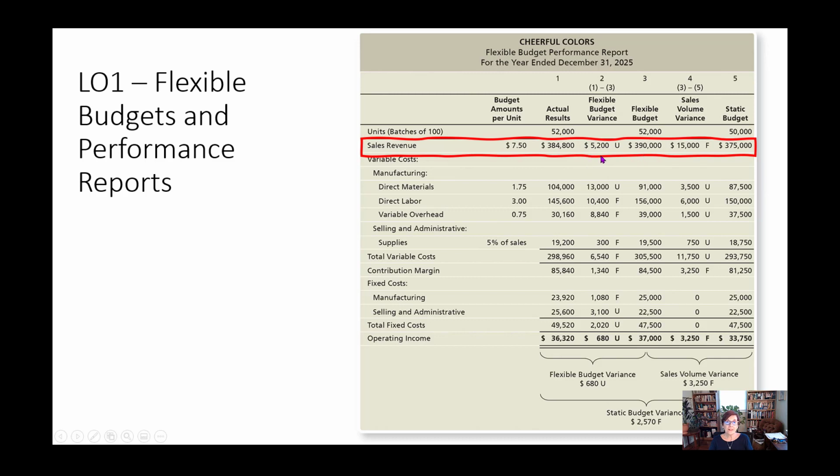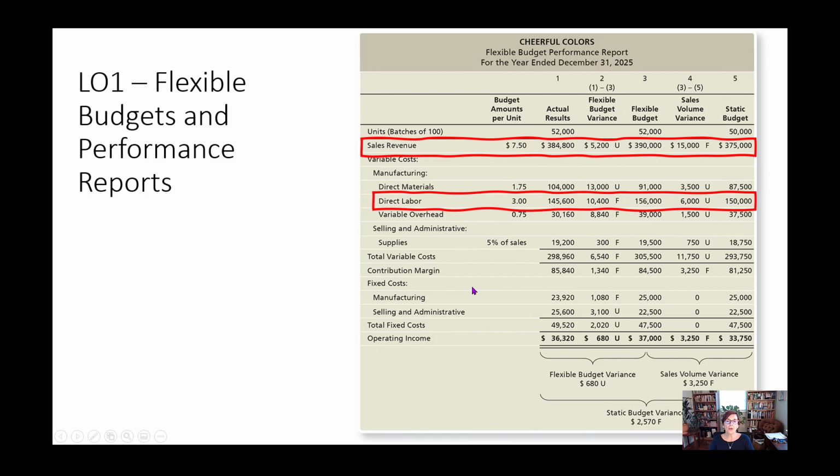So we have an unfavorable variance because at 52,000 units, we should have sales of 390, but we only had sales of 384,800. Now let's look over here. Our static budget was 375,000 in sales, but we actually had 390,000 in sales. So this is a favorable variance.